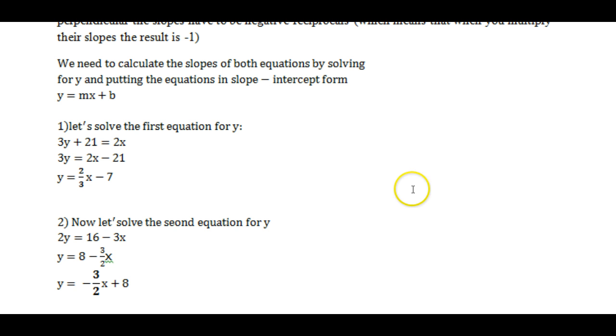Now let's look at the second one. 2y equals 16 minus 3x. So, the x term is not the first term, but it doesn't matter. As long as there's a number in front of the x, that's the slope. Alright? So, to solve this, we divide both sides by 2 to get just y by itself. So 16 divided by 2 is 8, and minus 3 divided by 2 is minus 3 over 2.